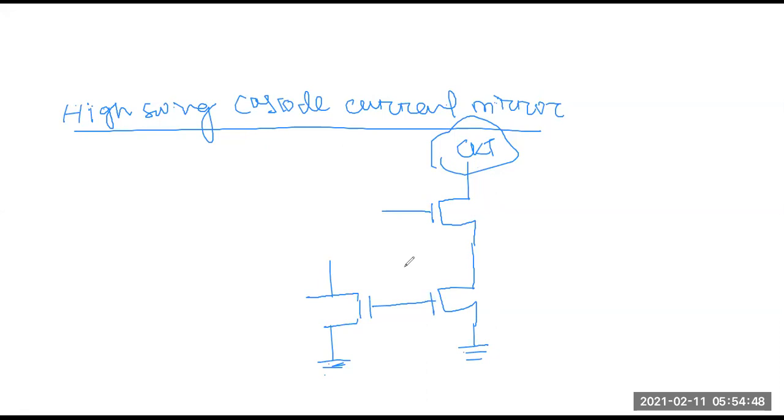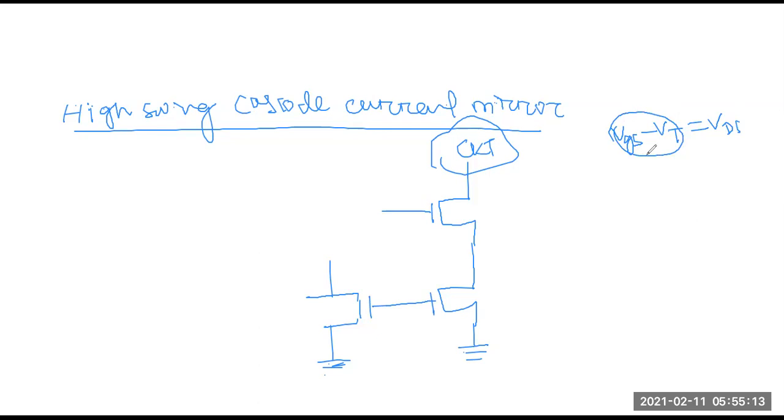So first of all, for a transistor to be in saturation, what is the drain to source voltage required? Minimum voltage. VGS minus VT. VGS minus VT is equal to VDS, which is nothing but V on or V effective. So minimum voltage required is V on.